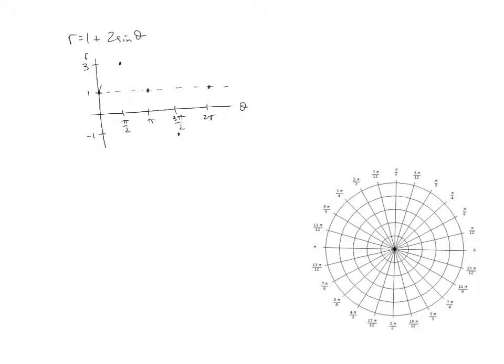I'll go ahead and connect these dots. And I'll label, again, r, theta. R, theta puts us at 1, 0, 3, pi over 2, 1, pi, negative 1, 3 pi over 2, and 1, 2 pi. So I'm going to go ahead and plot these points now on our polar graph.